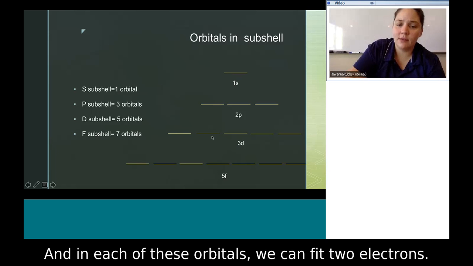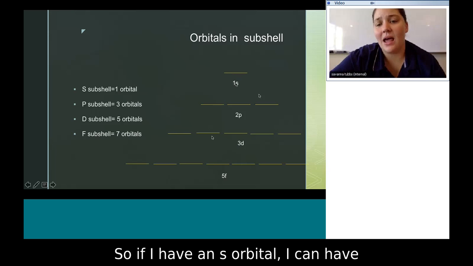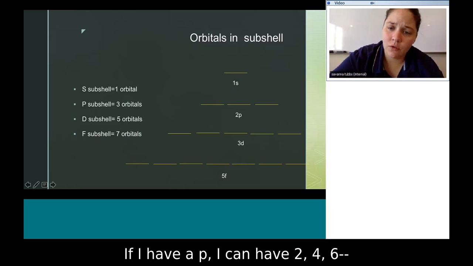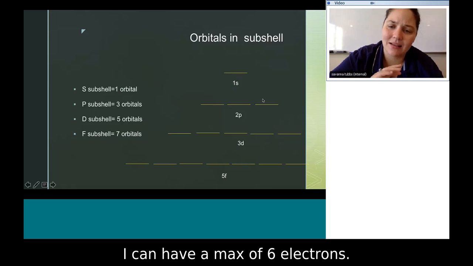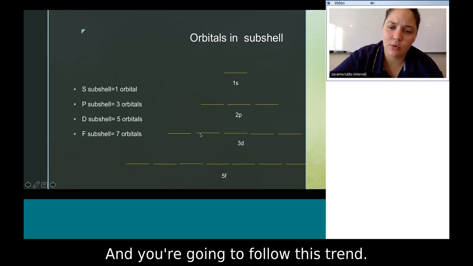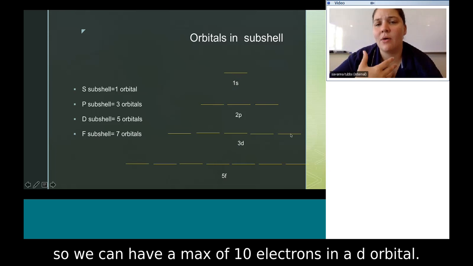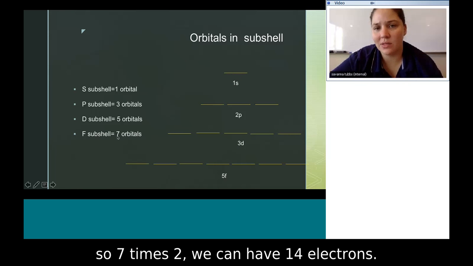And in each of these orbitals, we can fit 2 electrons. So if I have an S orbital, I can have a maximum of 2 electrons. If I have a P, I can have 2, 4, 6. I can have a max of 6 electrons. And you're going to follow this trend. So D, we have 5 orbitals, 2 in each, so we can have a max of 10 electrons in a D orbital. And then for F, we have 7, so 7 times 2, we can have 14 electrons.